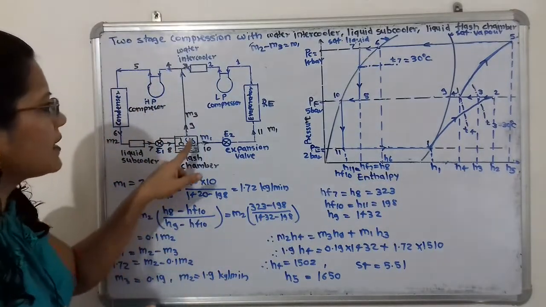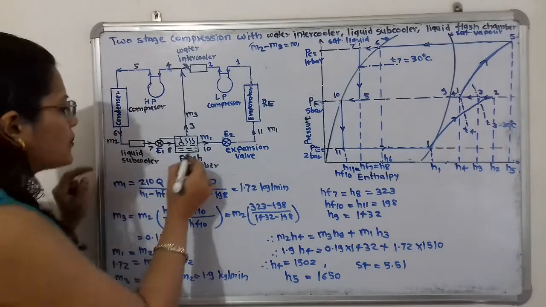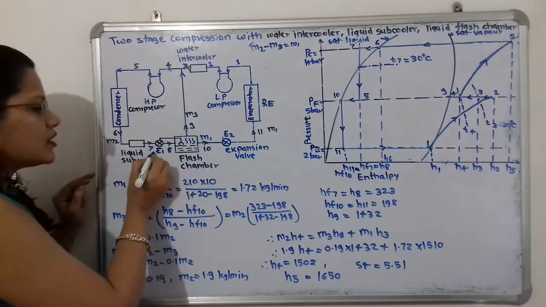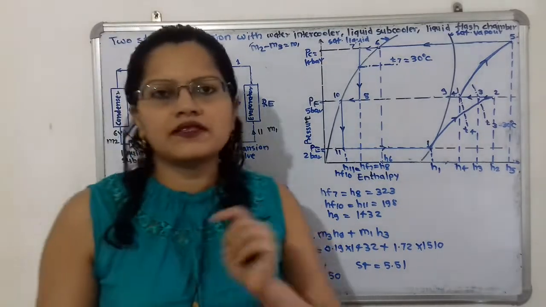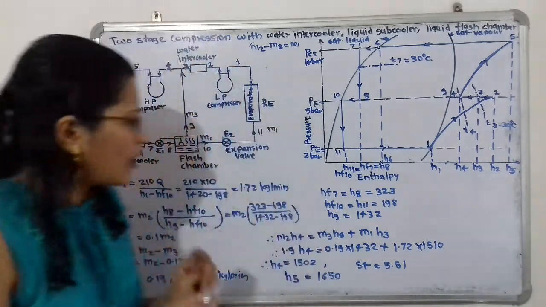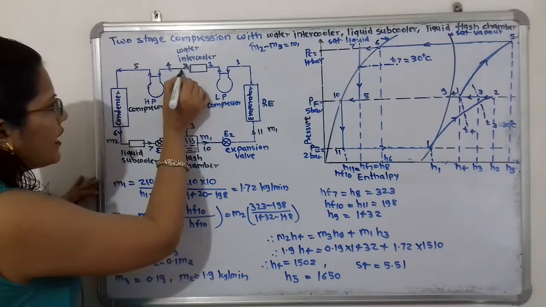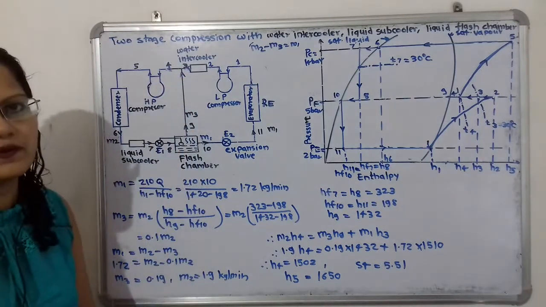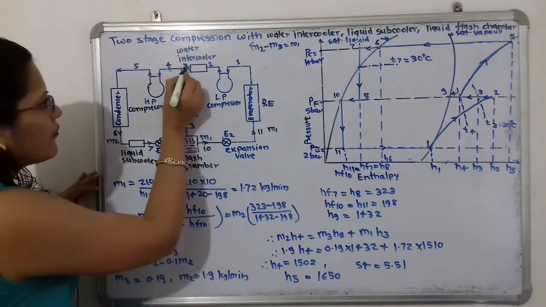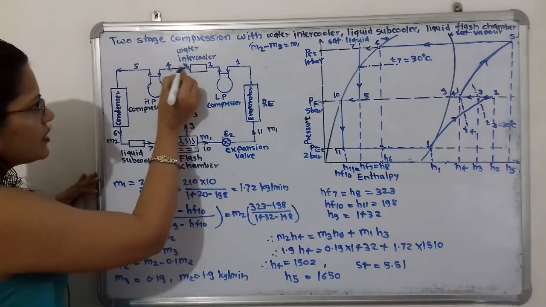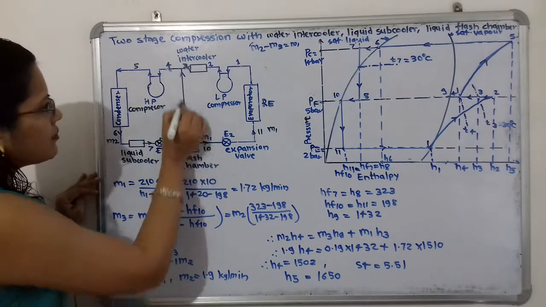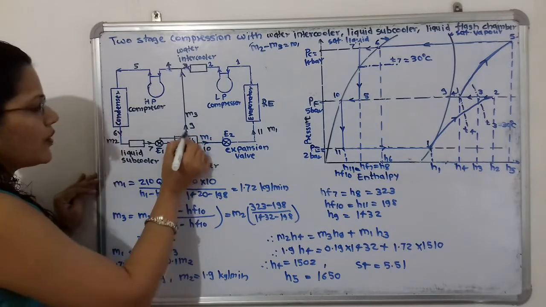Now what is happening at point 8? If we observe, here is the mixture of liquid plus vapor refrigerant. Now this vapor refrigerant is getting passed from this point 9 to the process 3 to 4. So the refrigerant from 3 to 4 is getting mixed with refrigerant from this point 9.